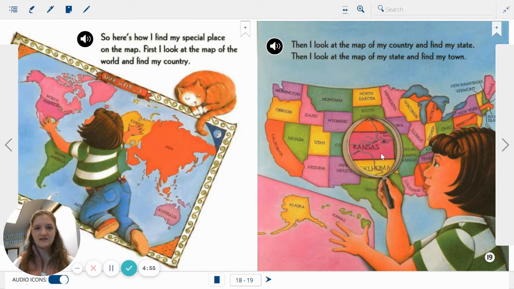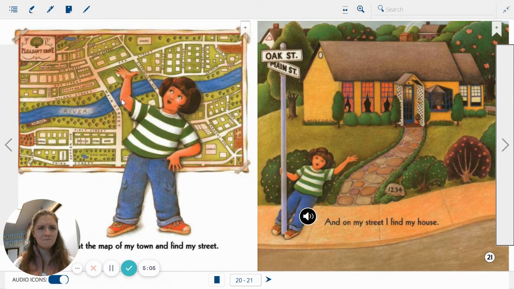So she found Kansas. Then I look at the map of my state and find my town. There she's finding Pleasant Grove. Then I look at the map of my town and I find my street, Oak Street.